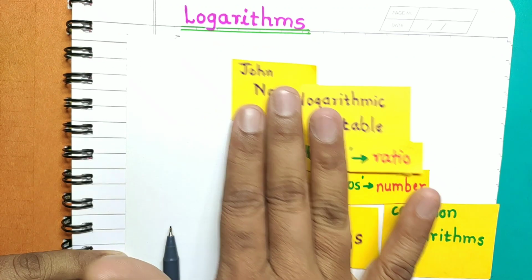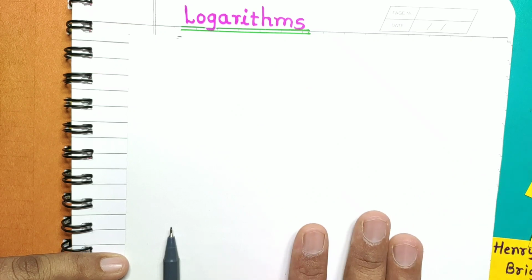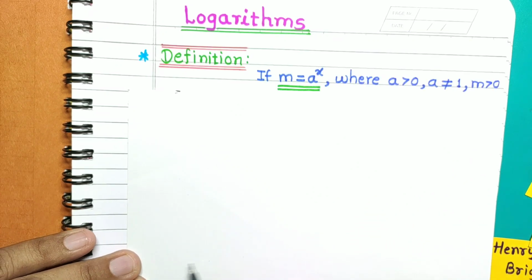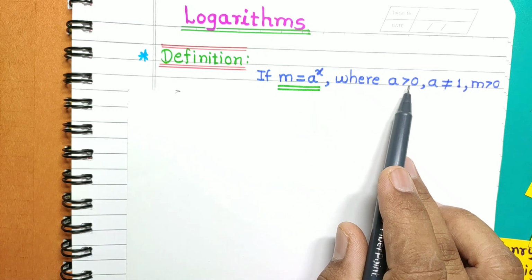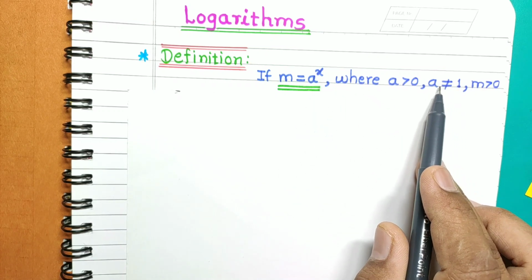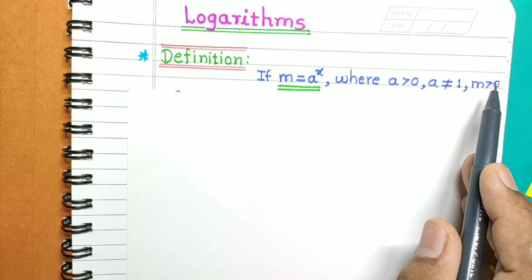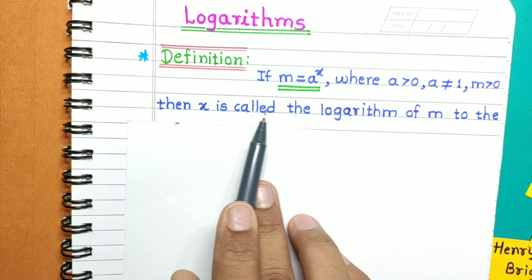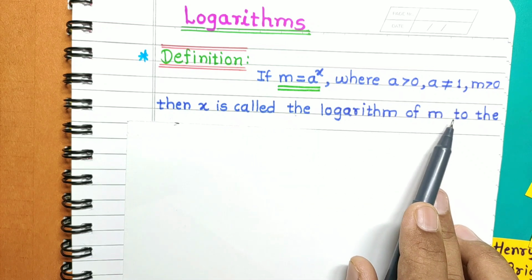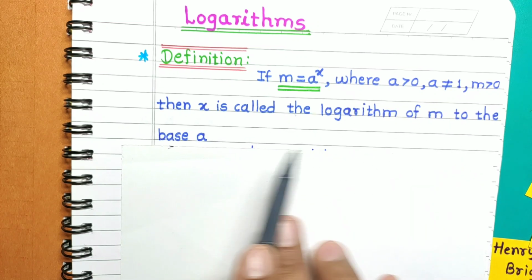Now let's move on to the definition of logarithm. If m is equal to a raised to x, where a is greater than 0 and a is not equal to 1 and m is greater than 0, then x is called the logarithm of m to the base a.